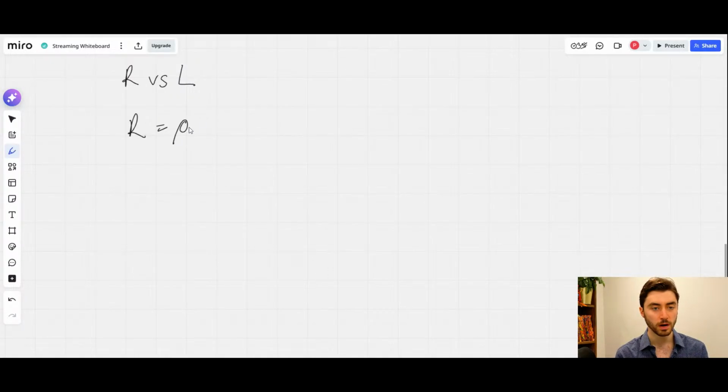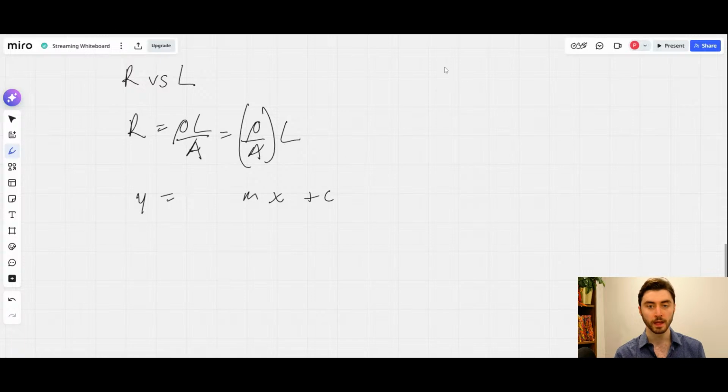So we know R is equal to rho L over A, which I can rewrite as rho over A times L. In other words, I would expect this to be of the form y equals mx plus c, where c is 0.